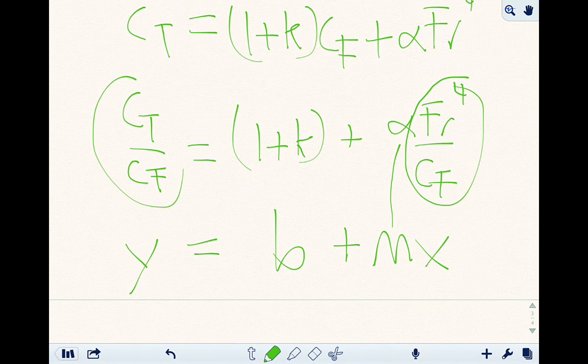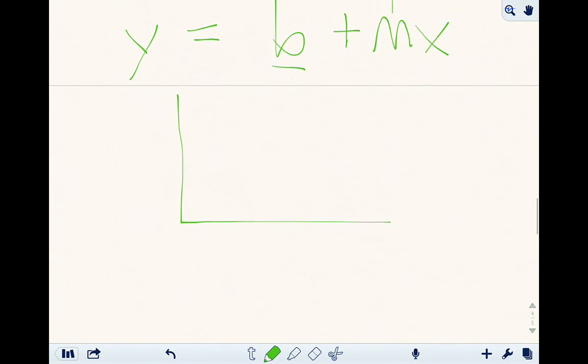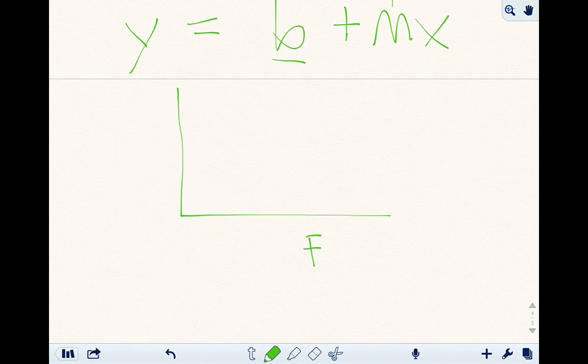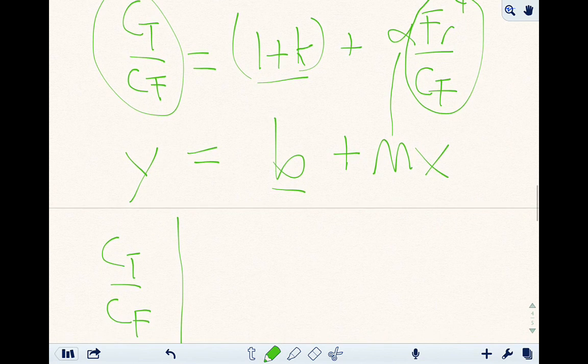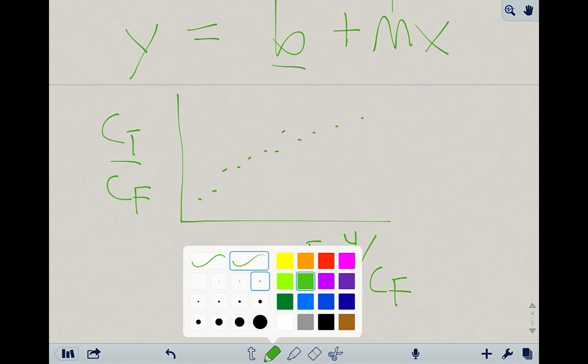Your dependent variable is this ratio here, and your intercept, b, is 1 plus K. So then I take my model, I run it, I test it, and I plot it versus this independent variable, Froude number to the fourth over CF, CT over CF. If my assumption is correct, I should look at my data, and it'll be noisy, but essentially it should look like a line.